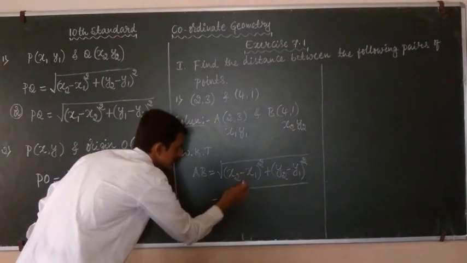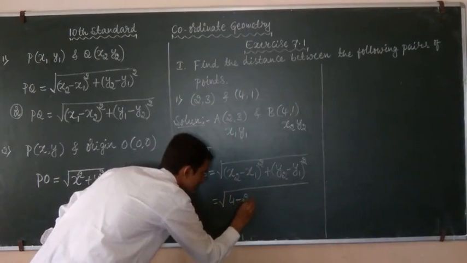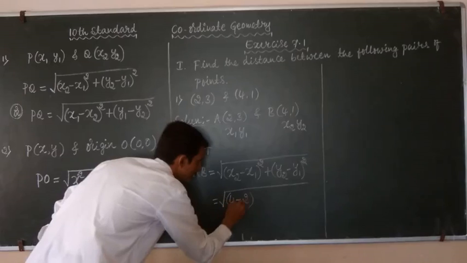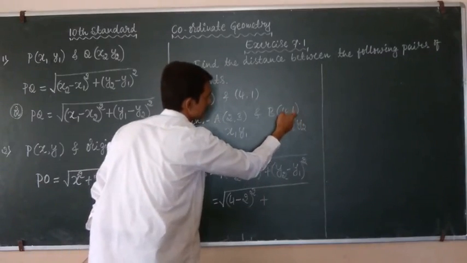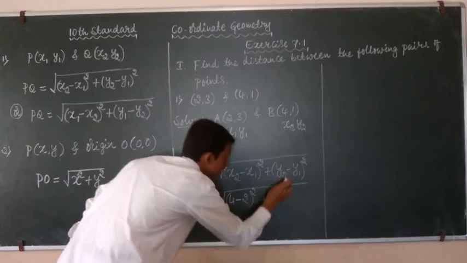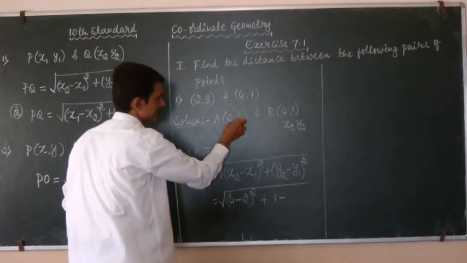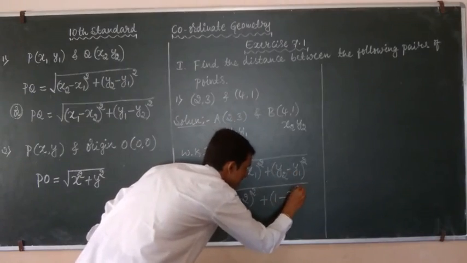Minus, in the formula, minus is there. So x1 is 2, that is 4 minus 2 whole square, plus the value of y2 is 1. The sign is minus. The value of y1 is 3. So 1 minus 3 whole square.